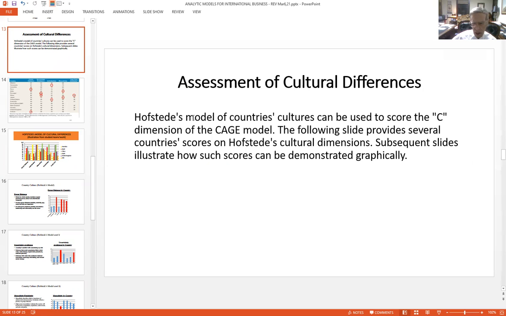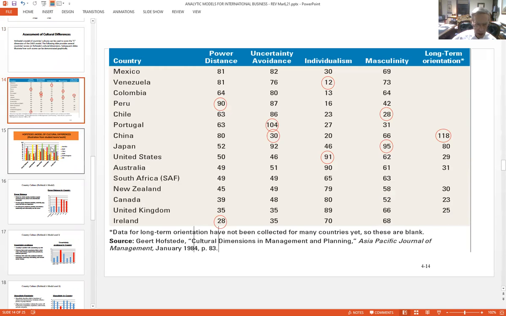Hofstede gave us this model, which was able to characterize the cultural differences between nations. His work was so successful that it is carried on today by the Hofstede Institute.